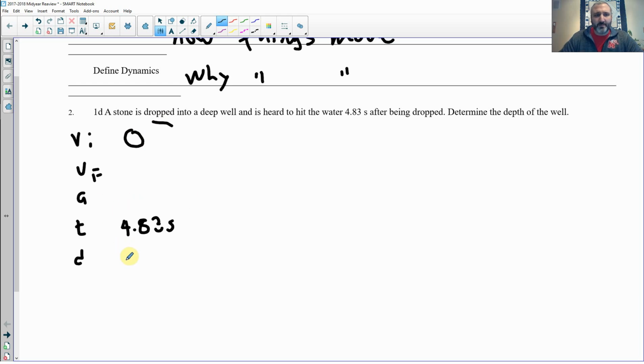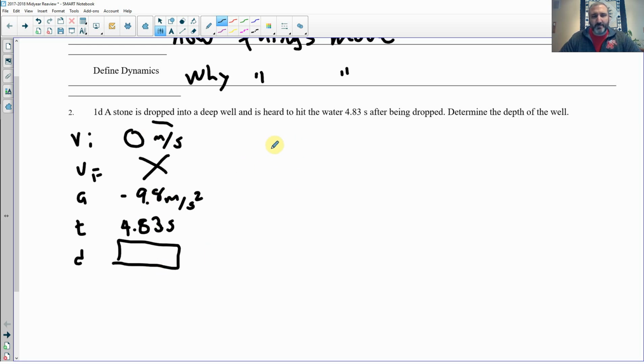And we want to know the depth of the well, so we're looking for the D. So if you remember that we're dealing with a projectile, you should know that the acceleration is negative 9.8 meters per second squared. And I'm doing a good job labeling all of my numbers here. I'm probably going to get less good at that as we go, just because it takes a lot of time, and I don't want this video to be too much longer than it has to be. But anyway, the final velocity we don't care about. All we know is the initial velocity, acceleration, time, and displacement.